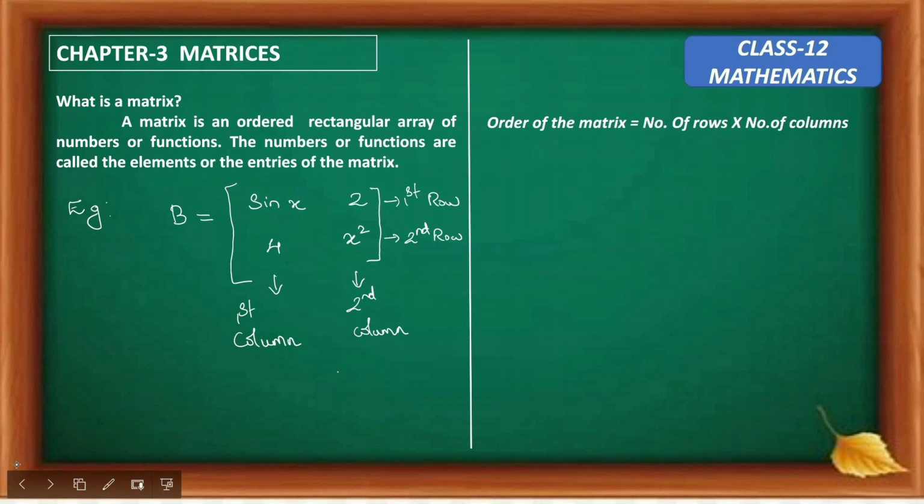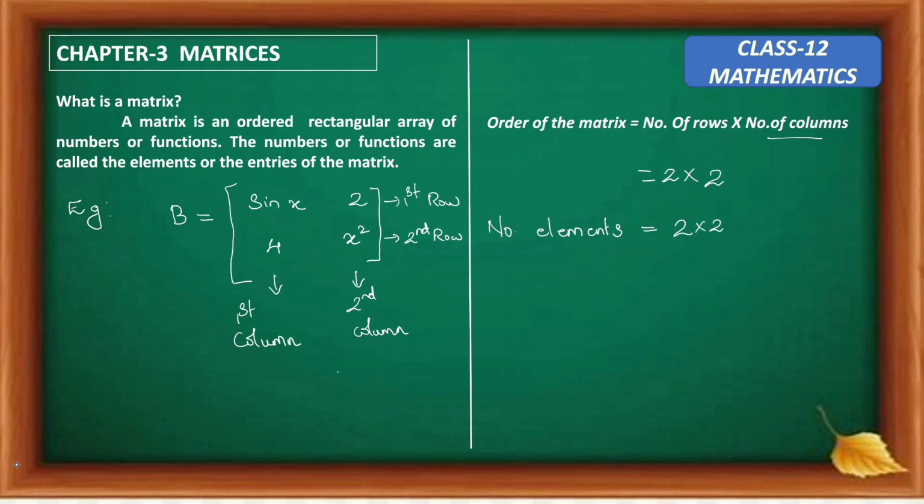What is the order of this matrix? Order of a matrix means number of rows. How many rows? 1, 2 rows. By number of columns, which is also 2. So 2 by 2. Then the number of elements we can write equal to 2 into 2.